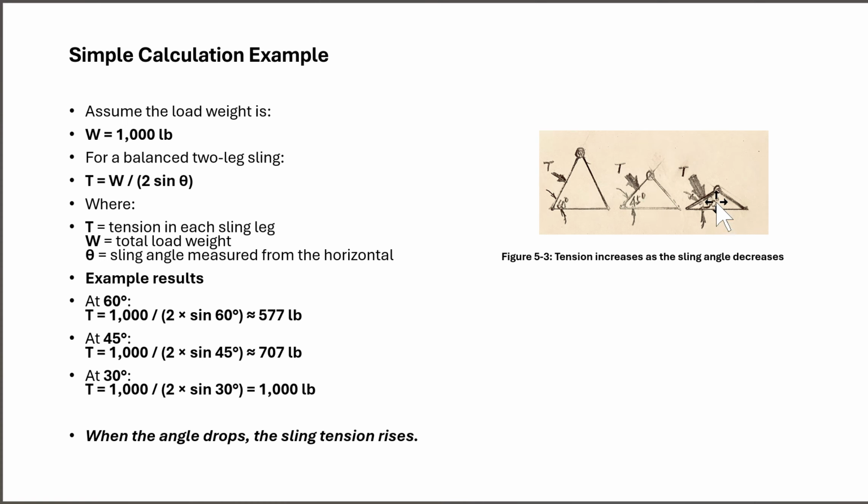At a smaller angle, here is 30 degrees, T equals 1,000 pounds divided by 2 times sin 30 degrees, equals exactly 1,000 pounds.